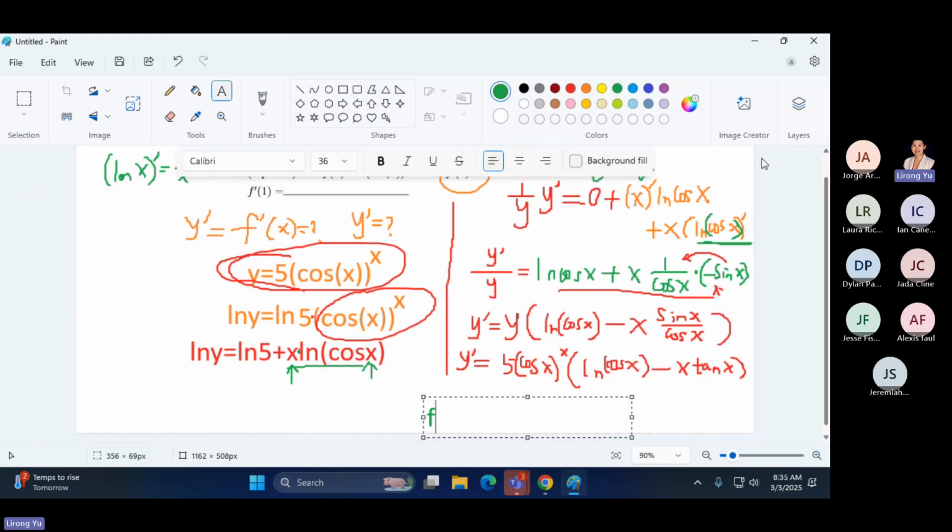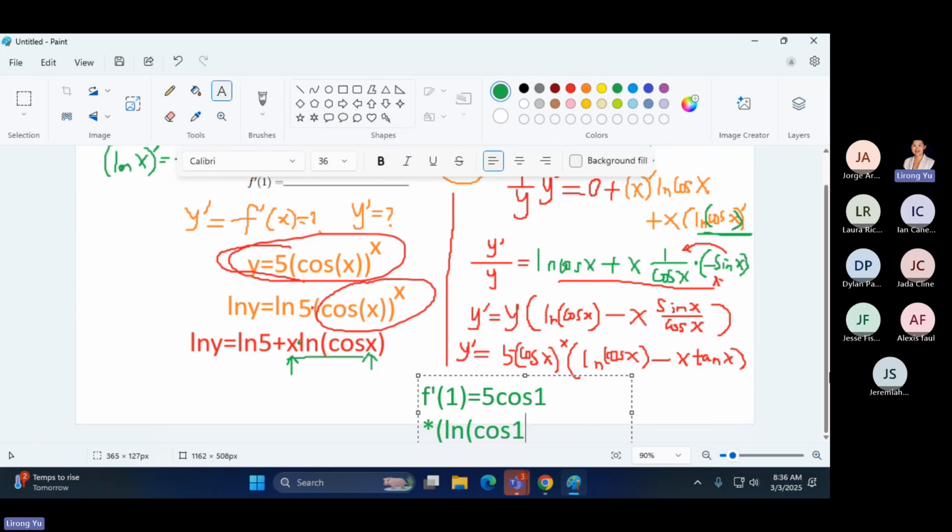So f prime of 1 is equal to, we're going to plug in 1 for x, so it's going to be 5 cosine of 1, you can use a calculator to calculate it, and then to the power 1. If the power equals 1, we don't have to write it. And then there's natural log of cosine 1, and then minus 1 times tangent 1.